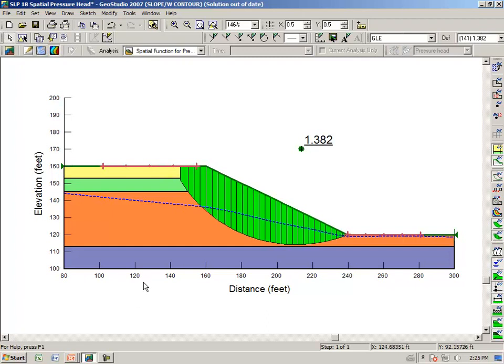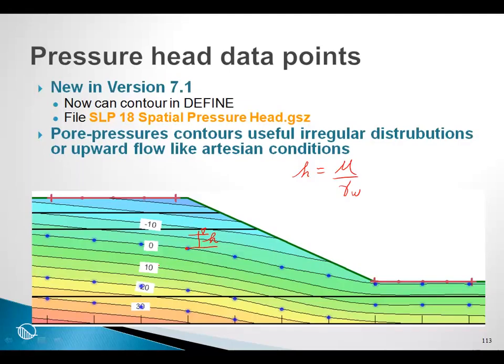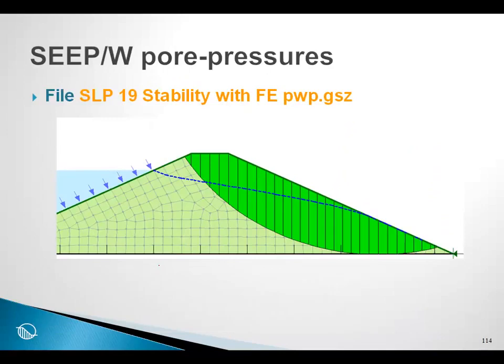And I would say this method is useful somewhere between defining a piezometric line and using the results from a SEEP/W analysis. Obviously, in our view, if you have SEEP/W, then it would be best to establish the pore pressure conditions using a SEEP/W analysis, and then to use the SEEP/W pore water pressures in the SLOPE/W analysis.